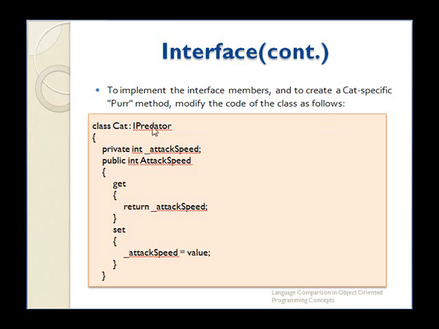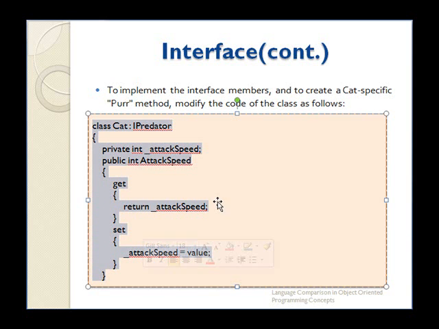This is the interface and this is the Cat class. You can see the get and set methods, and attack speed is an integer type. The get method returns attack speed and the set method sets the value.